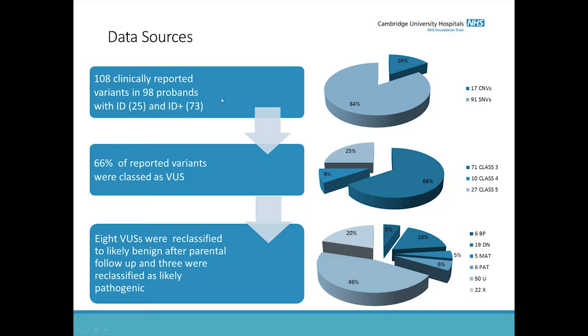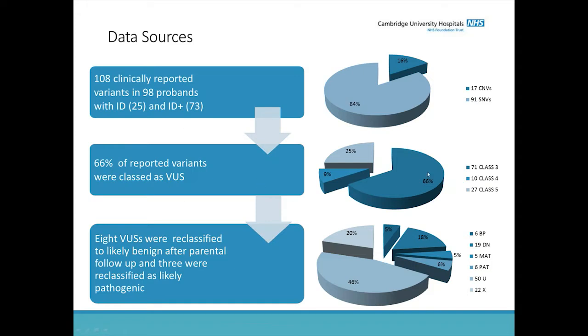These variants consisted of 91 reported SNVs and 17 reported CNVs, and they were reported in two types of referrals, which I will explain a little bit later. It was 25 intellectual disability referrals and 73 intellectual disability plus referrals.